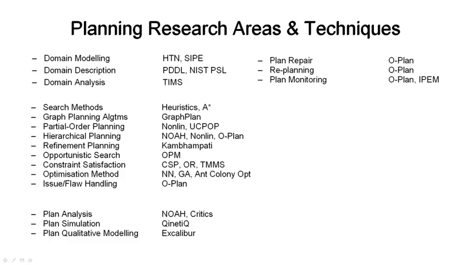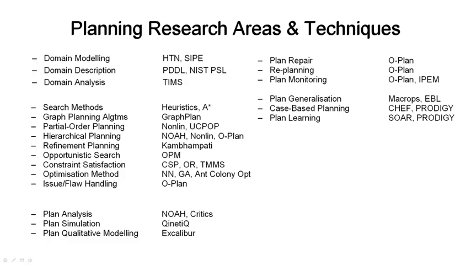Then people concerned with realistic and practical planning problems have often had to deal with the issue of repairing plans when things go wrong or when the circumstances change. A number of people have looked at plan generalization, the reuse of generalized plan fragments.